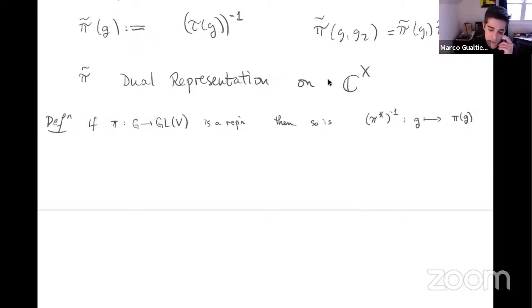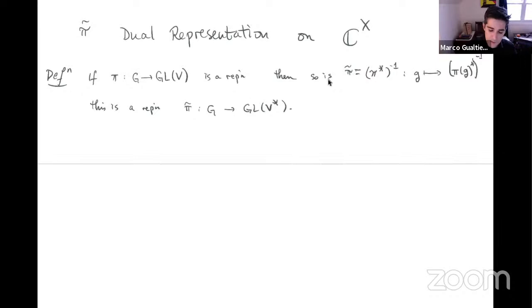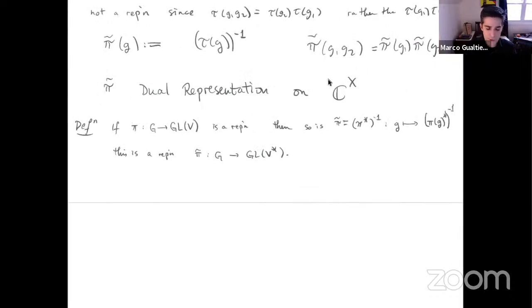It doesn't matter, which one is first is not important. We can dualize this. This will be a dual map from the dual of V to the dual of V, and then I will invert it so that it's going in the opposite direction, and it satisfies the representation. So this is a representation. Let me just call it pi tilde. Pi tilde is now from G to GL of V dual. So that's really what's going on.